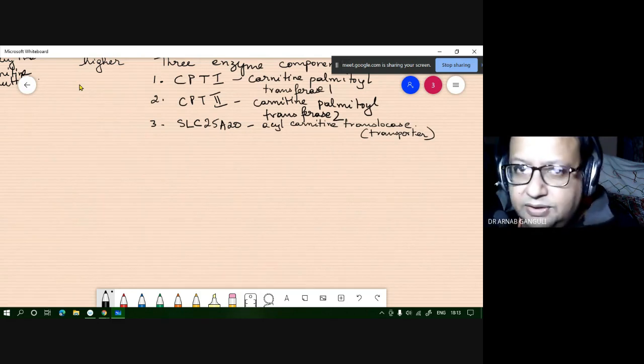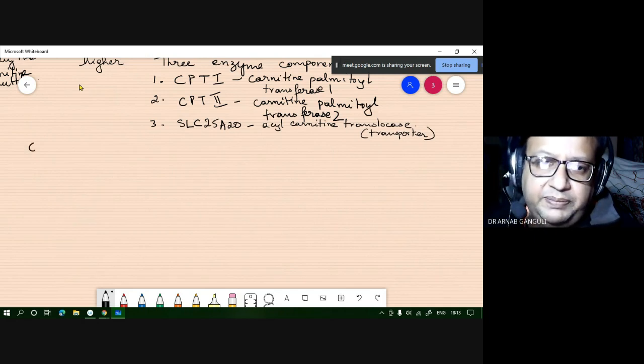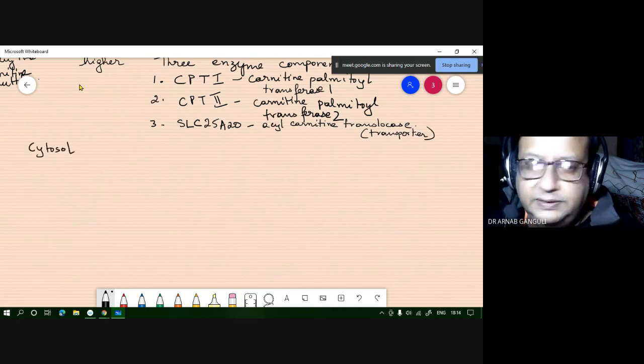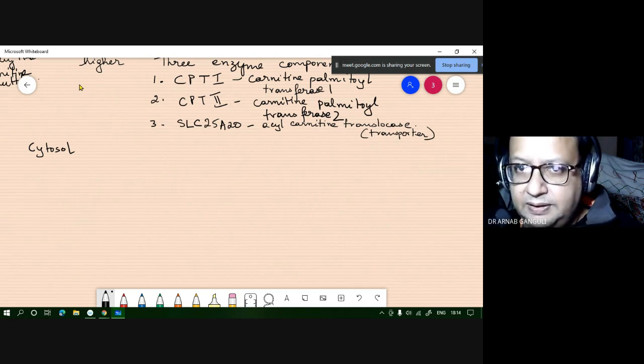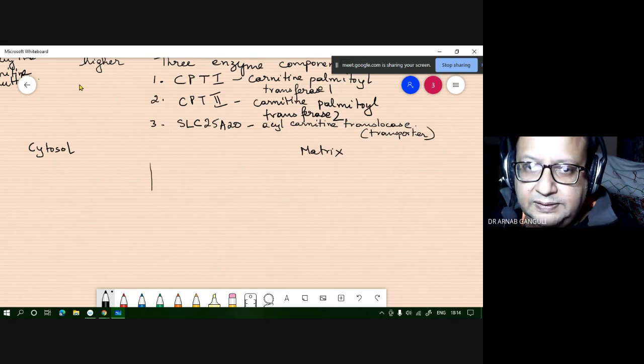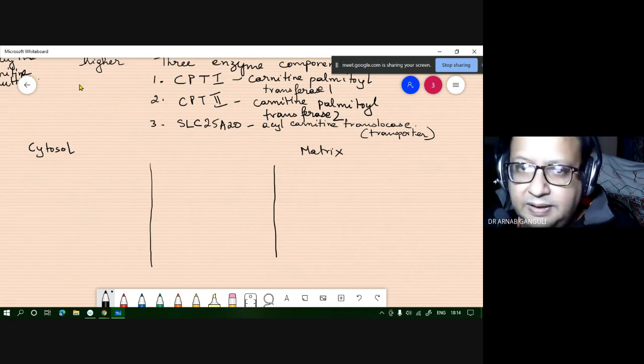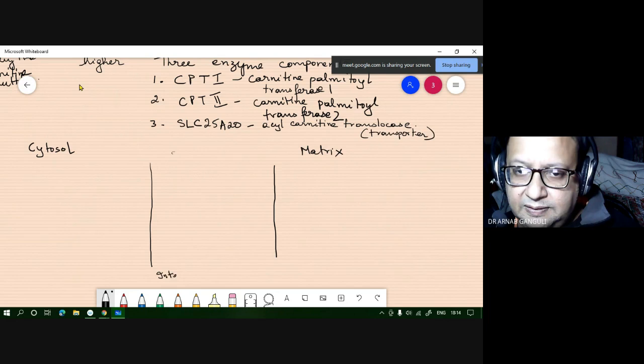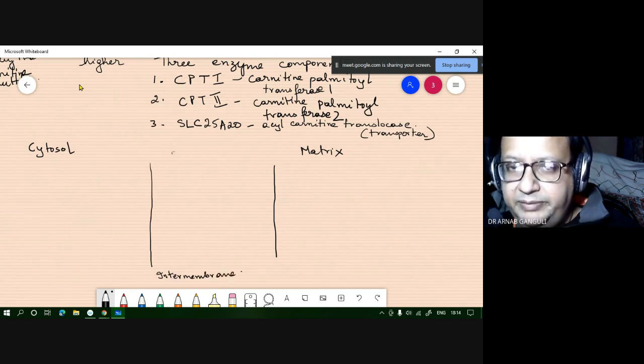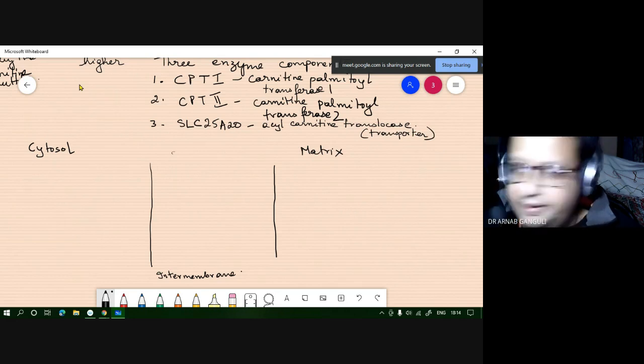So let us first divide the screen into three parts. This is the cytosol. This is the matrix. This region is the intermembrane region, in between the membrane, outer and inner membrane.